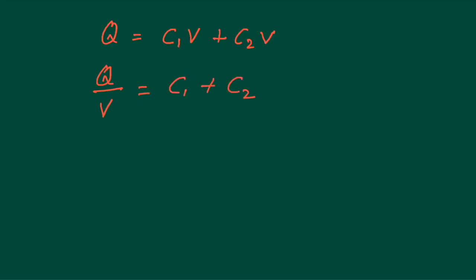Therefore, we can write Q equals C1V plus C2V, or Q divided by V equals C1 plus C2, or we can write C equals C1 plus C2, where C is the effective capacitance.